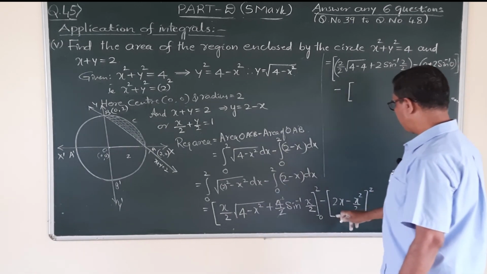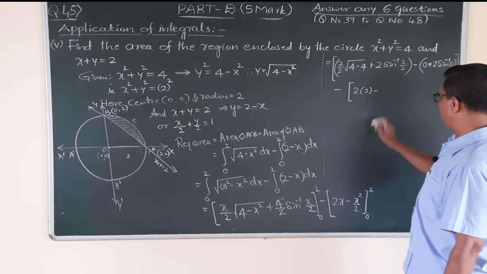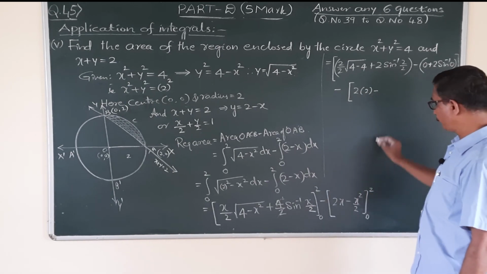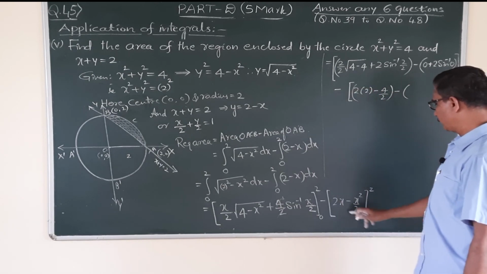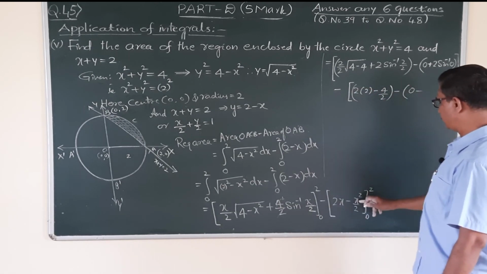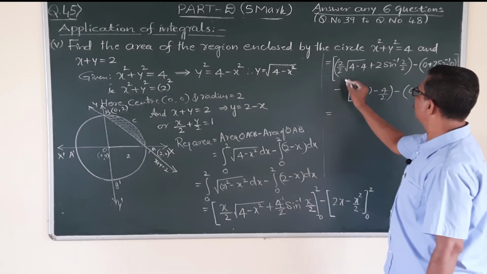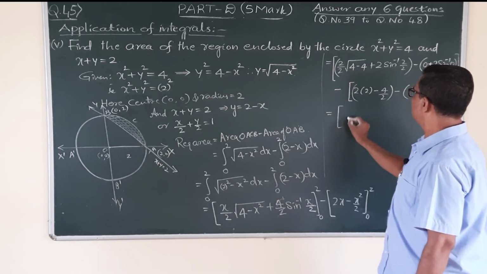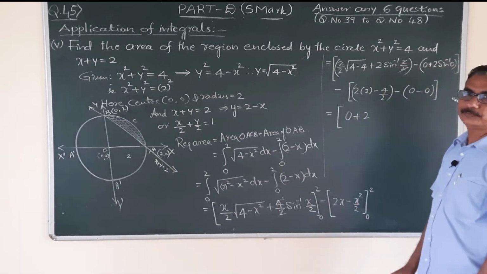Minus the second one: put x equal to the upper limit 2 in 2x minus x square by 2, that is 4 minus 4 by 2, minus the lower limit, put x is 0, which gives 0. That is equal to 0 plus 2 sin inverse of 1.